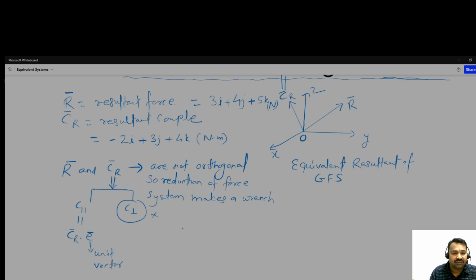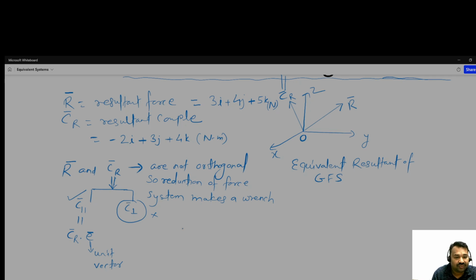R is the resultant force and CR is the resultant couple. Our focus right now is to get C parallel, and these are in the vector form.